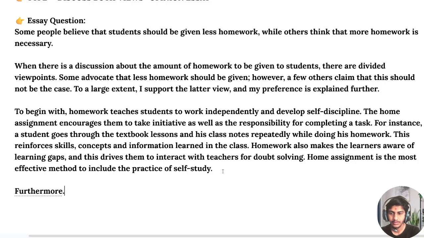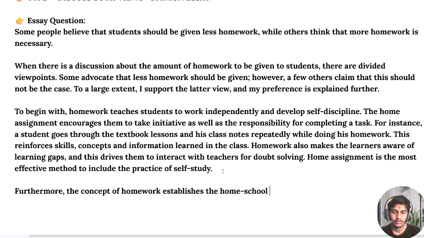Furthermore, the concept of homework establishes the home-school connection, when some lessons are allotted to be done at home.